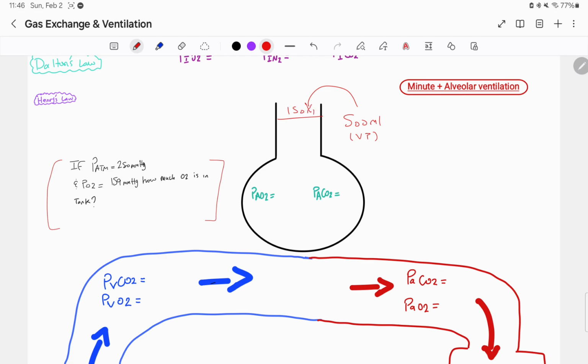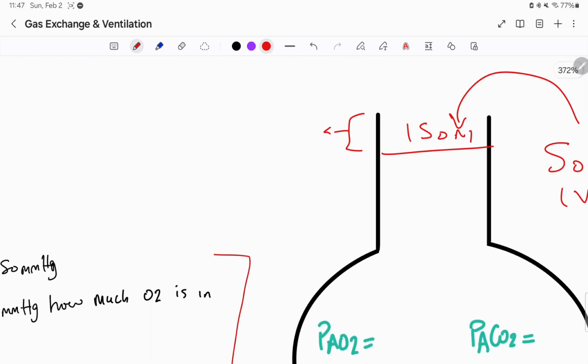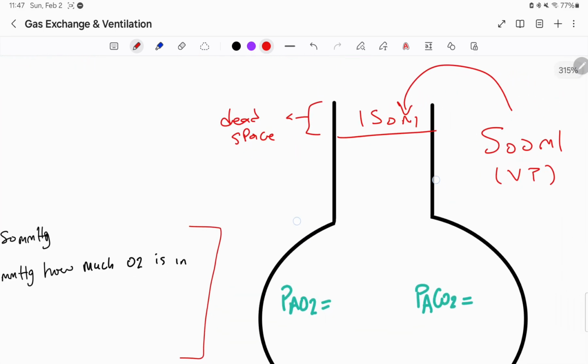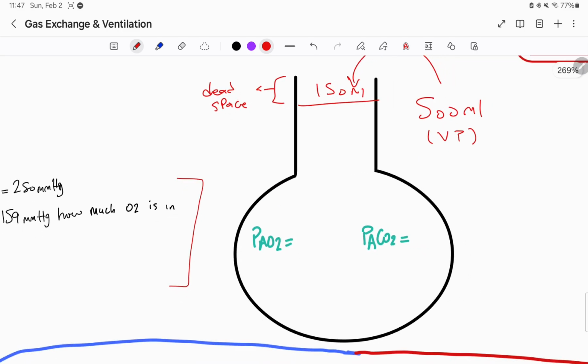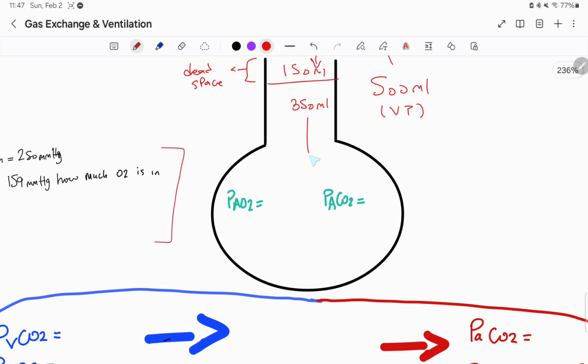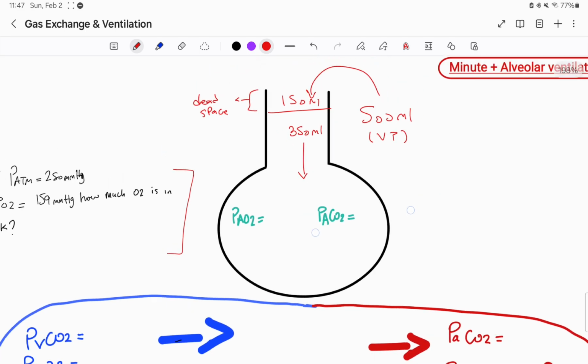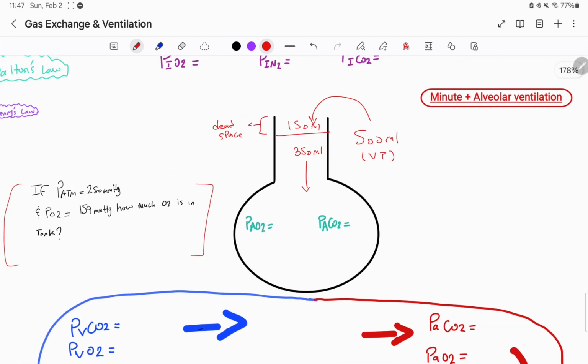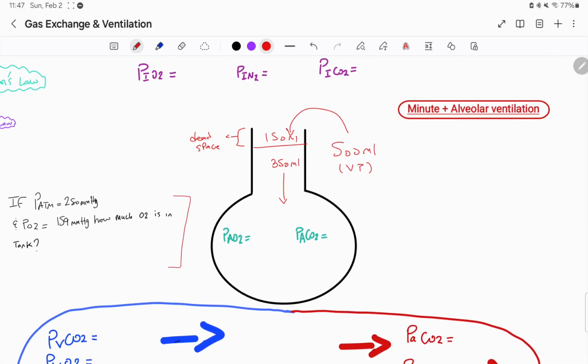About 150 mLs of that gets lost into something called anatomical dead space, and only about 350 milliliters actually makes it to the alveoli.